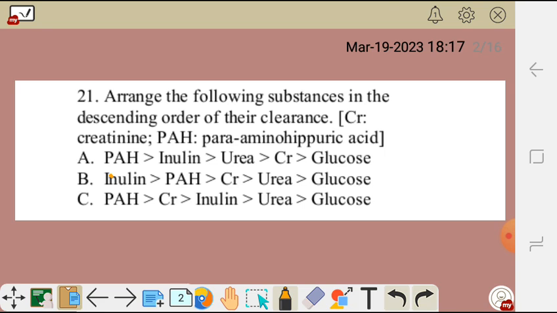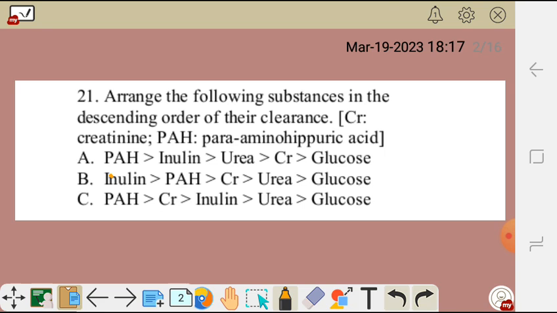When you look at these substances, PAH is filtered and secreted, therefore its clearance is greater than that of inulin. Creatinine is also filtered in the glomerulus and some of it is secreted, so we can say that it is greater than that of inulin.